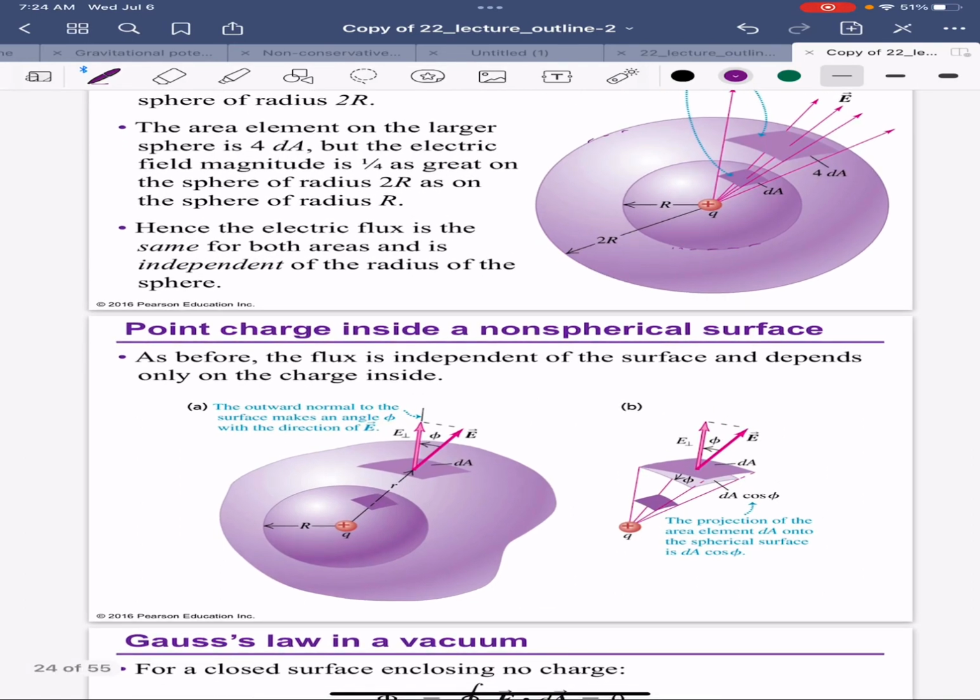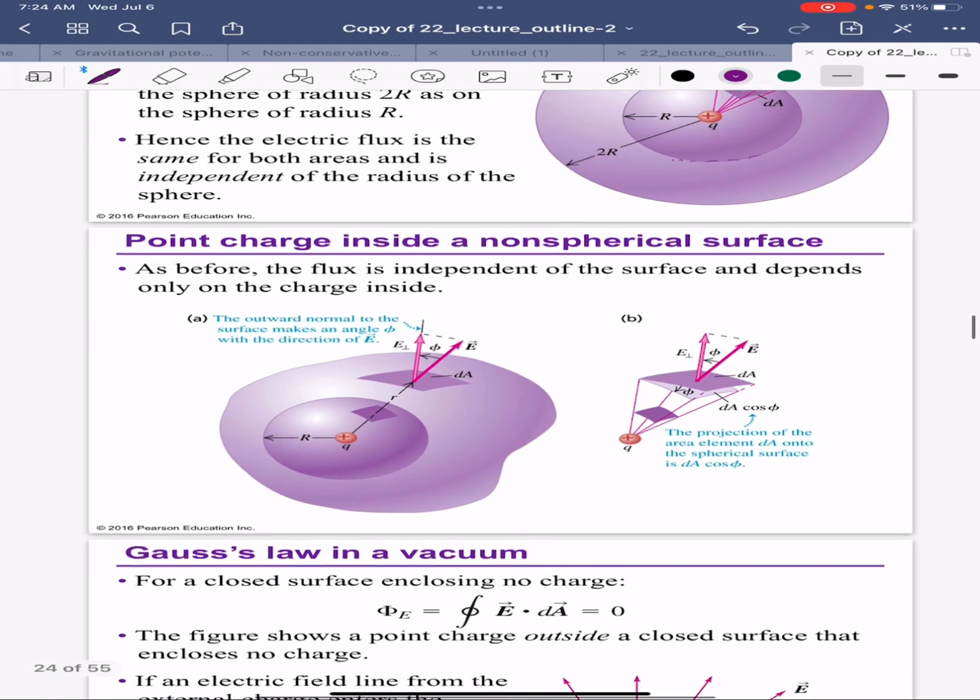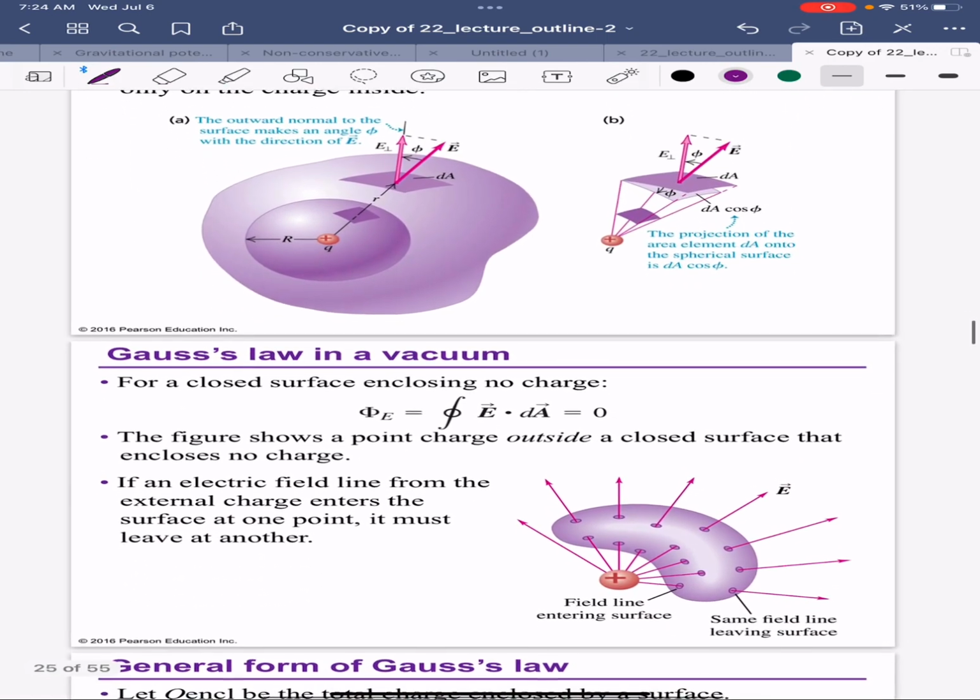And actually the surface that we're going to add, which is Gauss's surface, is arbitrary. You can put it anywhere, but of course it's going to be in the region where you want to calculate the electric field. The flux depends only on the charge enclosed.